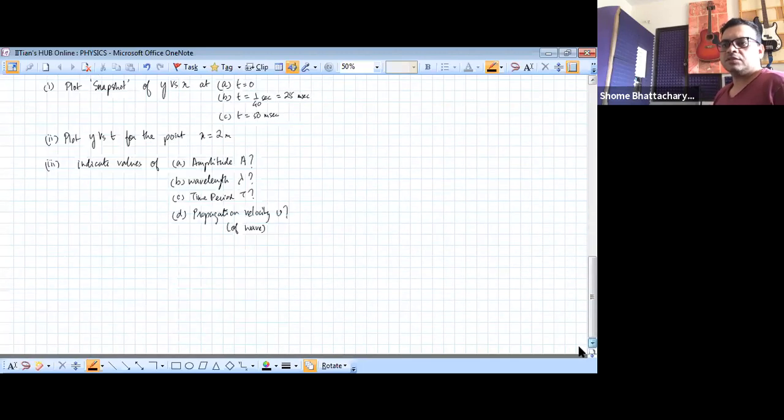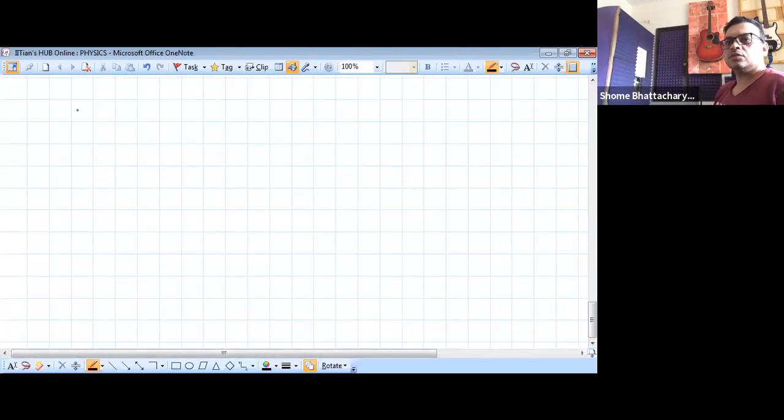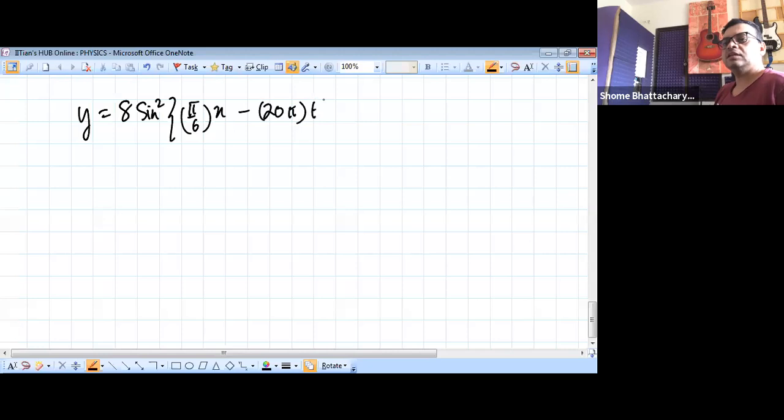Okay. So let's start with the first thing. So given this function y is equal to 8 sine square (pi by 6 x minus 20 pi t), where y is in millimeters, x in meters, and t in seconds.